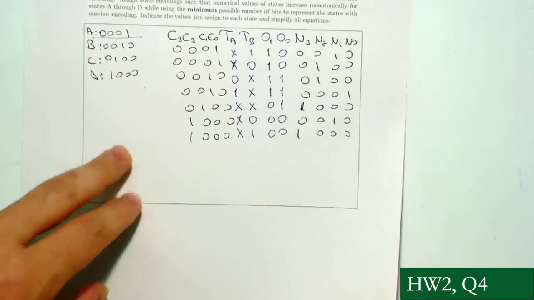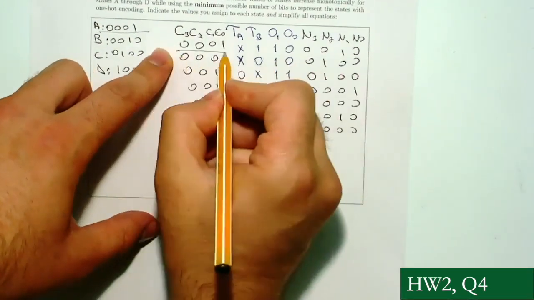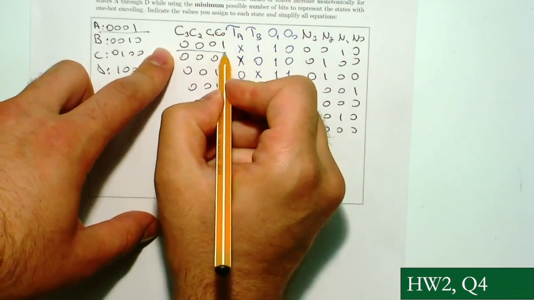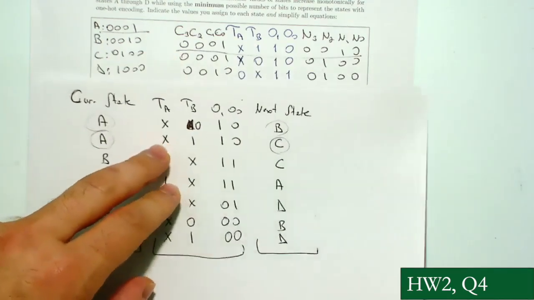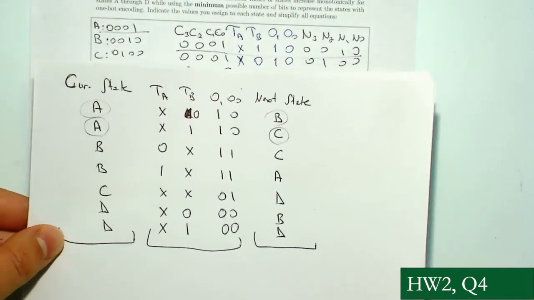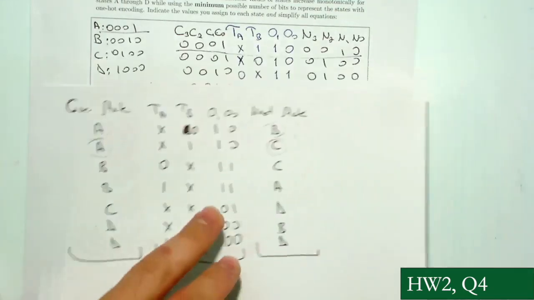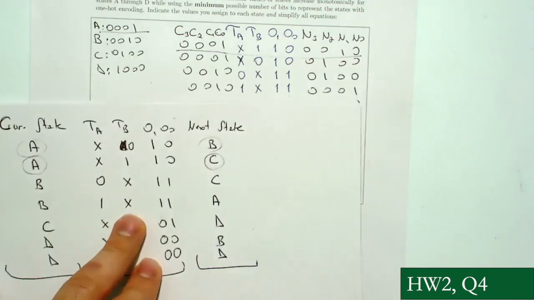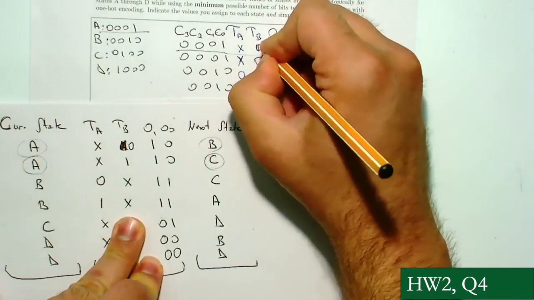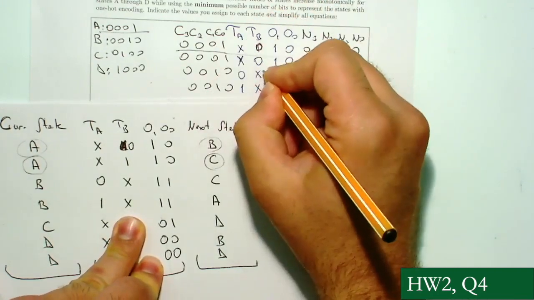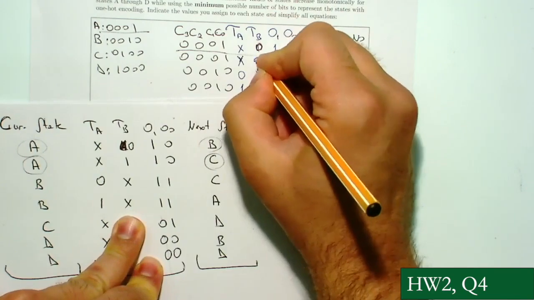If you compare the two lines, TA and TB, then on the reference list you have X0, X1. Yeah, you're right. So this will be 0, right? And this will be 1, I guess.